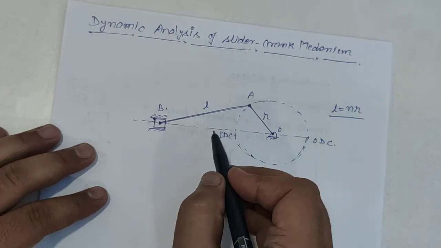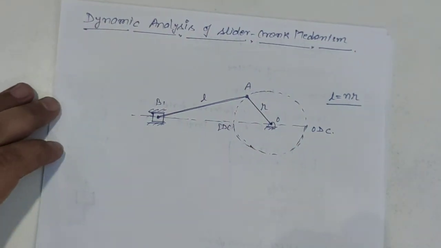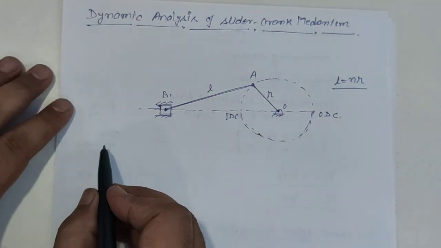First of all, what we have to analyze is the velocity and acceleration of the piston. We have to analyze velocity and dynamic force. So first we analyze the velocity and acceleration of the piston.